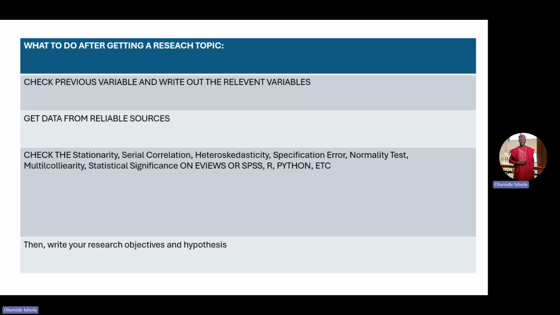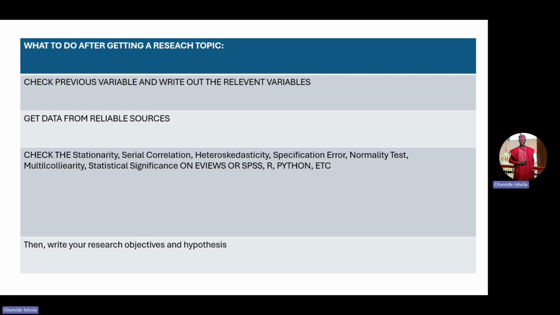Is there any variable that is so large that it can make your submission or your recommendation not valid? You check your specification error. Is the specification correct? Is it okay? Is it giving me what I need? So this has to help guide you.